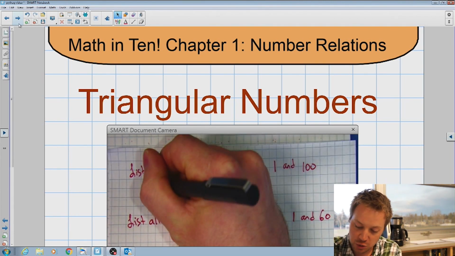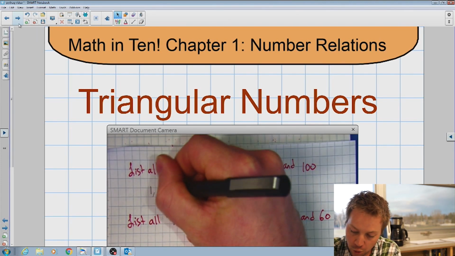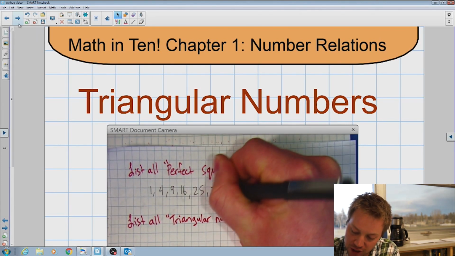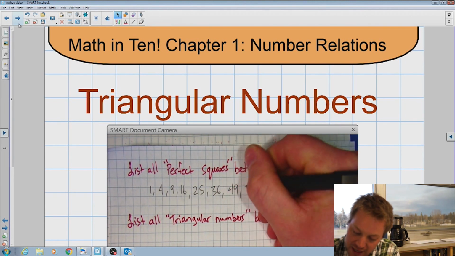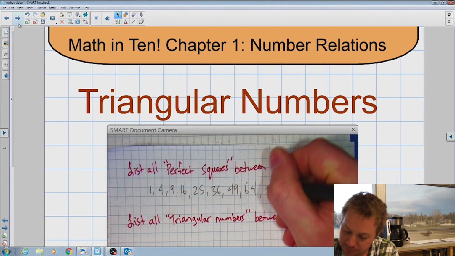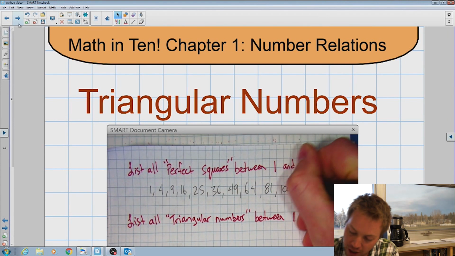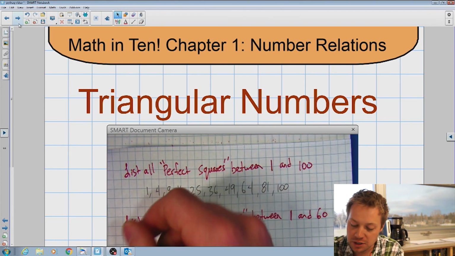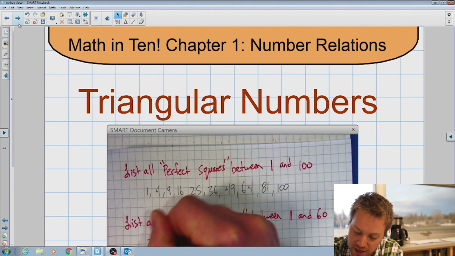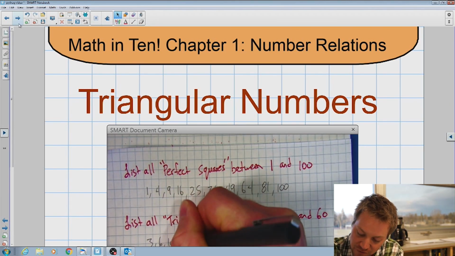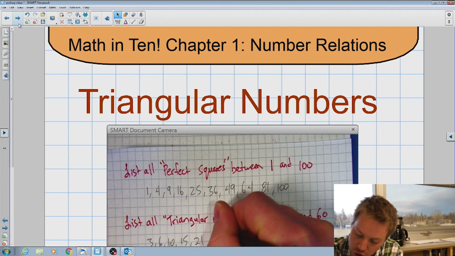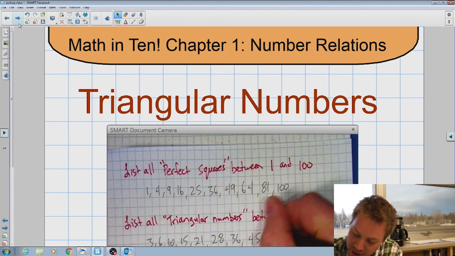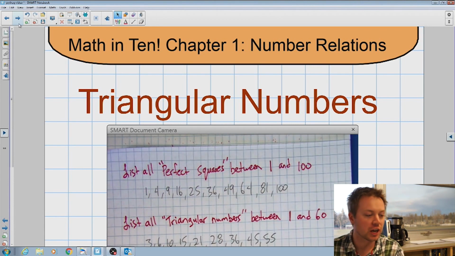The perfect squares were 1, 4, 9, 16, 25, 36, 49, 64, 81, and 100. And the triangular numbers were 3, 6, 10, 15, 21, 28, 36, 45, and 55.